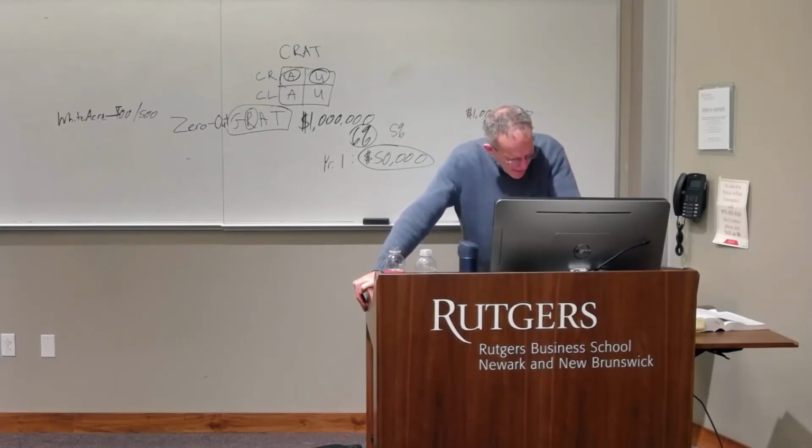Question 6B. The CRAT has $3,000 of ordinary income for the year, an accumulated ordinary income of $15,000. It is required to pay $5,000 to Pete. The CRAT has short-term capital gains of $4,000 per year. What is the character of the income to Pete that is distributed?